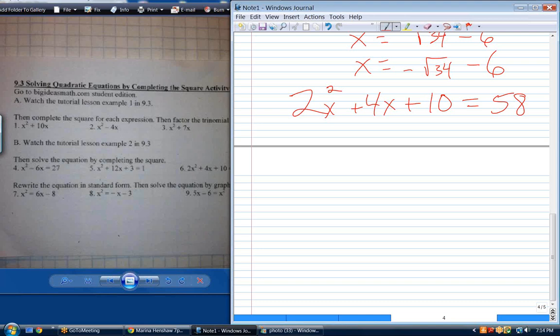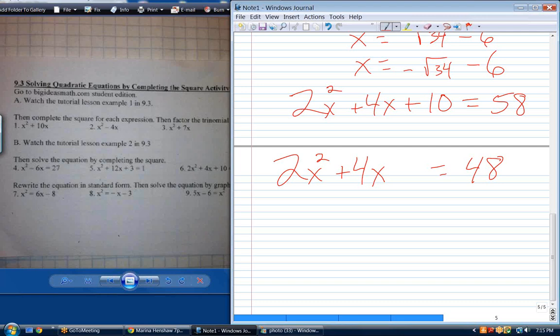Minus 10. Yeah. There's actually an easier thing to do here, but I'm going to ignore it because they're trying to get you to complete the square here. Now what? And then it'd be 2x squared plus 4x plus 4.